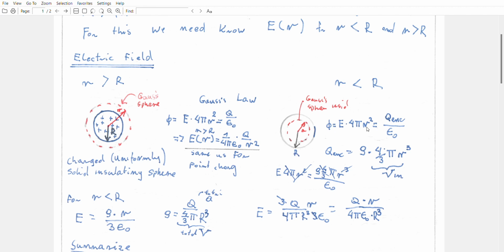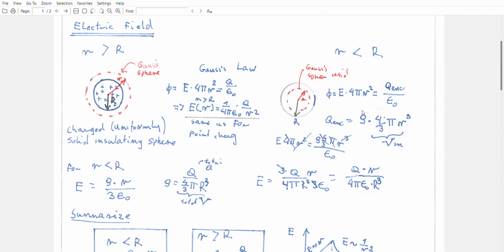And to calculate it, we have to use the idea of the volume density of the charge, and our enclosed Q is equal to rho times the volume of the sphere, 4/3 pi r cubed, and substitute this into E times the surface of our sphere, which is 4 pi r squared, equals rho times volume, which is this, divided by epsilon 0.